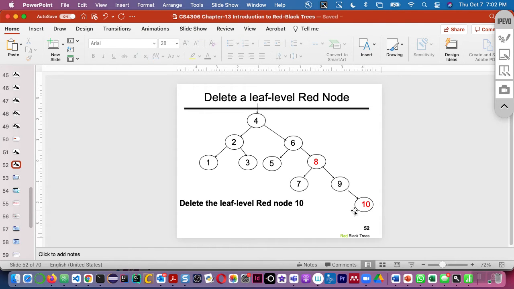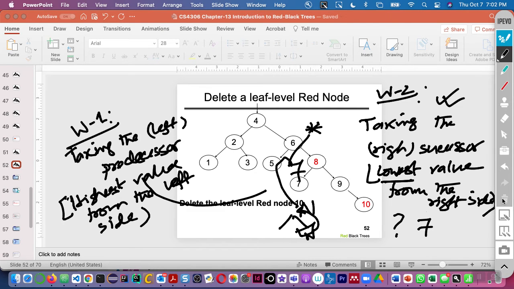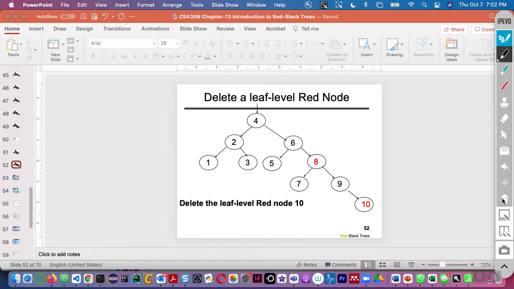And we know how we delete it. We just discussed, right? In a BST, deleting a leaf level node is just replacing its value by nil. Say deleting 10, then 9 already has its side nil, and this side nil.